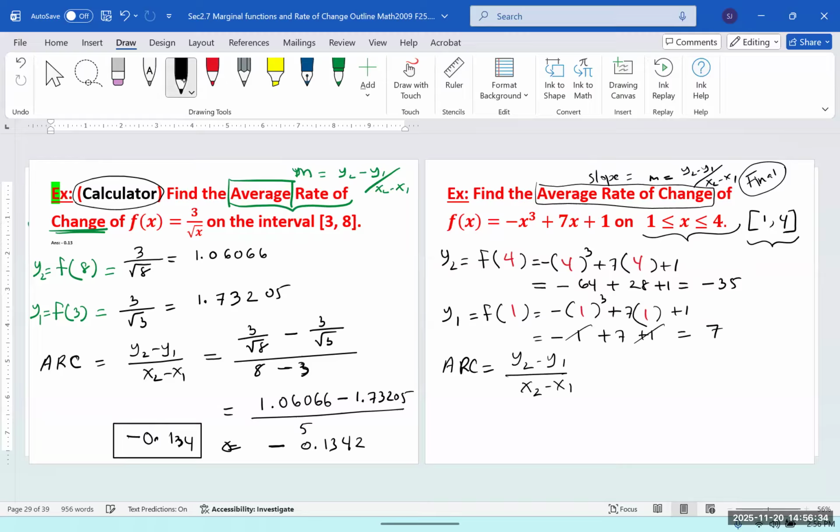This one is easy, you can cancel positive 7. So your slope is what? Negative what on the top? Which is -14. Do all of you have the same answer? You do? Good job. So remember, average rate of change means y2 minus y1 formula.